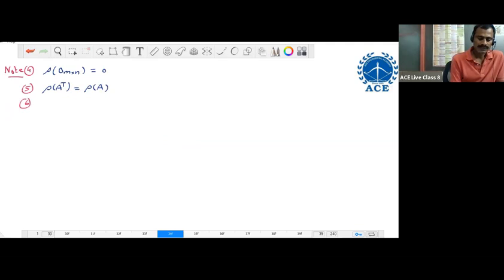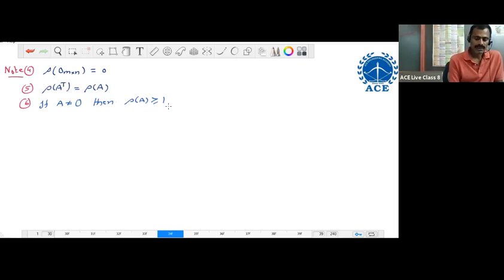Sixth: if A is not equal to O, that is, A is not a zero matrix, then rank of A is greater than or equal to 1. Whenever A is a non-zero matrix, the rank is greater than or equal to 1. From this we can say that the minimum possible rank is 1. Rank may be 1 or 2 or 3, but the minimum possible rank is 1.